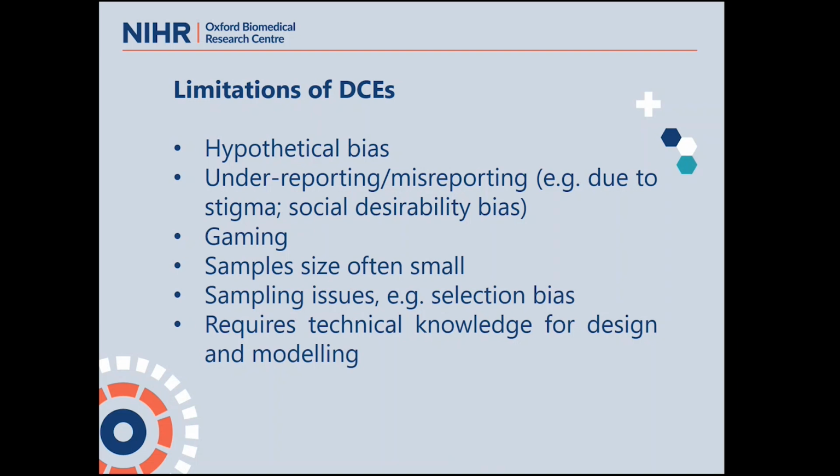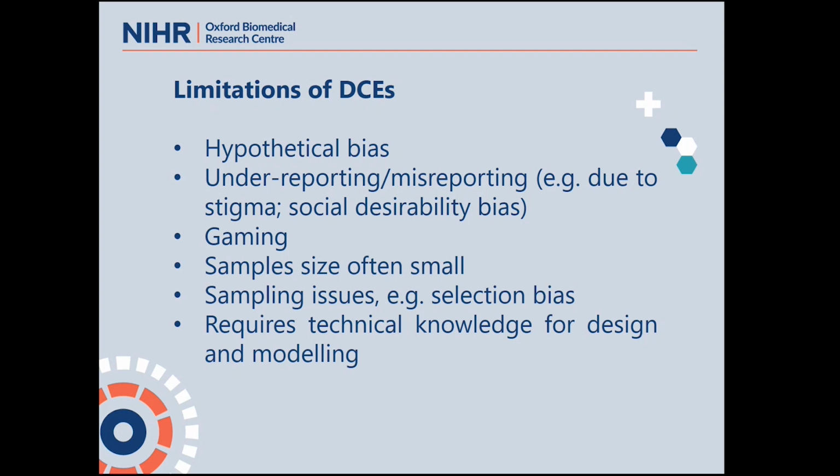The sample sizes are often quite small, so that's normally not so much of a problem when I'm thinking about powering a choice model, but it is more of a problem when I think about generalizability. If I'm trying to make statements about the behaviour of people in the general population, and I have a sample of 200 people, I'm quite limited, or much more limited than I would be if I had a sample of 20,000 people, for example.